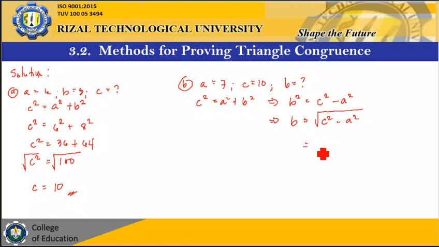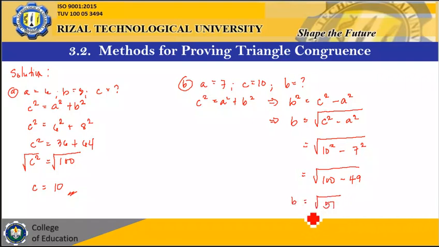So just substitute. We have the square root of 10 squared minus 7 squared, where 7 is the value of a, which is 100 minus 49, so the square root of 51. Okay, and we can no longer simplify this.